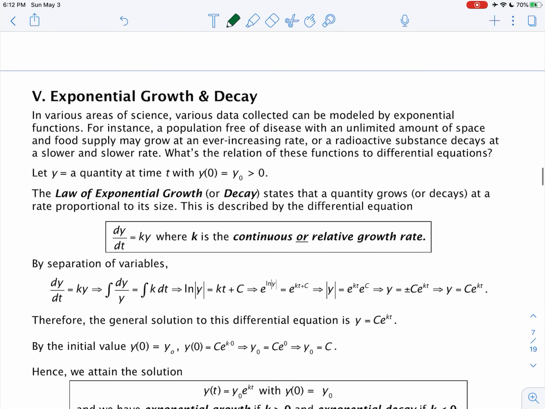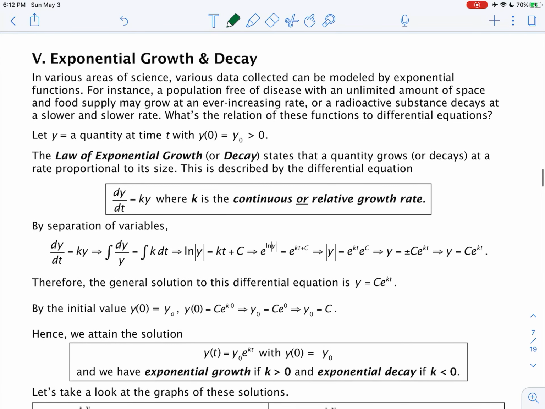All right. Perhaps in a pre-calculus course, you worked with the exponential growth and decay model, and that is this one here. And now, because of your knowledge of separable differential equations and using the fact that the law of exponential growth or decay states that a quantity grows or decays at a rate proportional to its size.